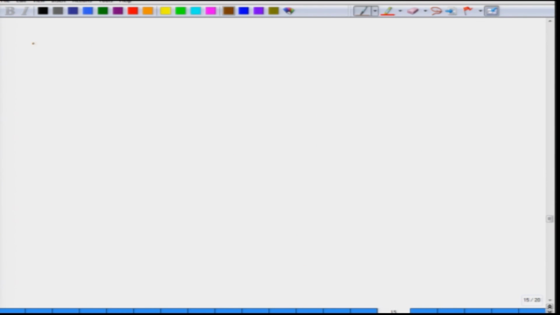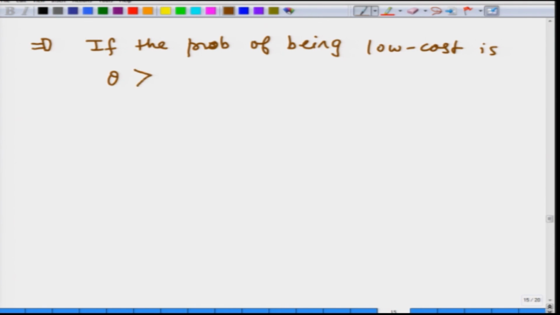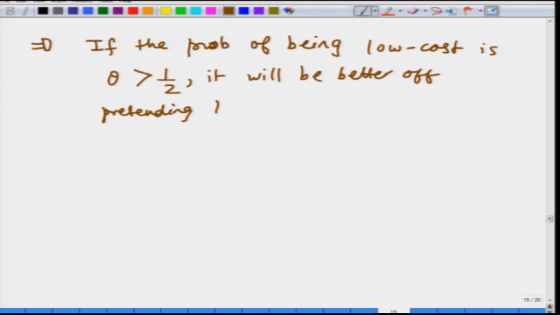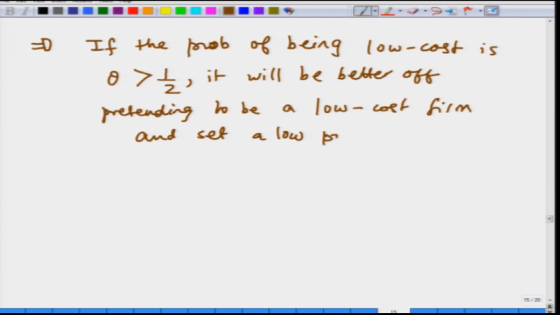Which implies that as far as the incumbent is concerned, if the probability of being low cost, theta, is greater than 1/2, it will be better off pretending to be a low cost firm and setting a low price and deterring entry.